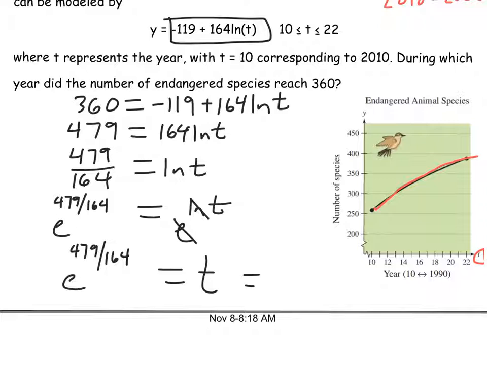If that expression isn't just made for a calculator, I don't know what is. You would see it's about 18.55. Okay. So now to look at the years, I would say somewhere between 2018 and 2019, you'd expect that list to hit 360 endangered species.